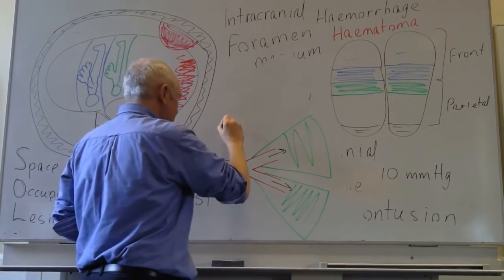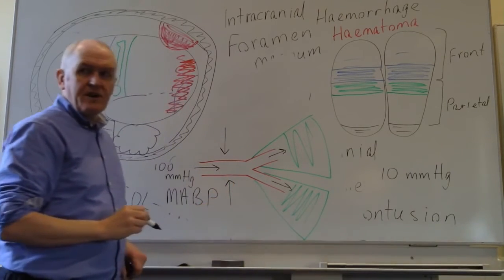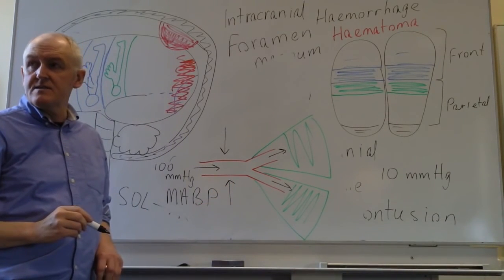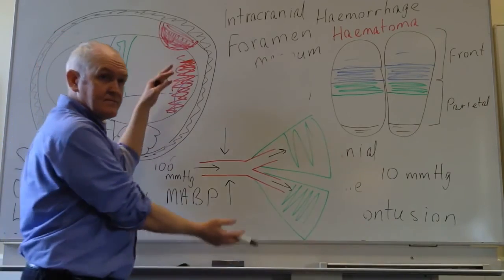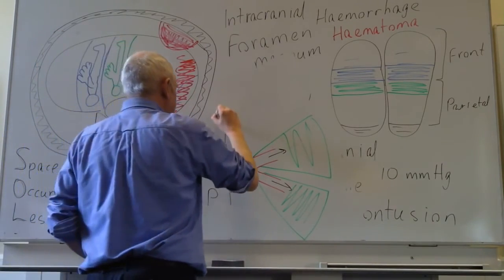So can you see that intracranial pressure is going to be squeezing the blood vessels that go through the brain? Does that make sense? There's a pressure. And we said that pressure might be 10 millimetres of mercury.